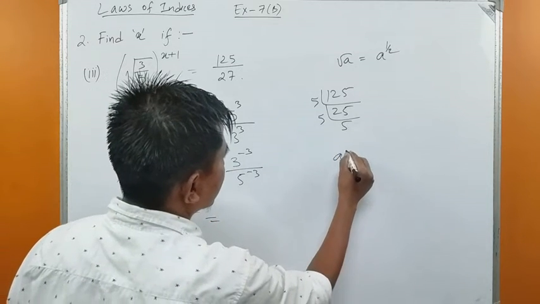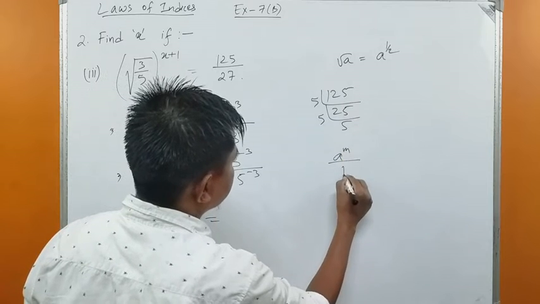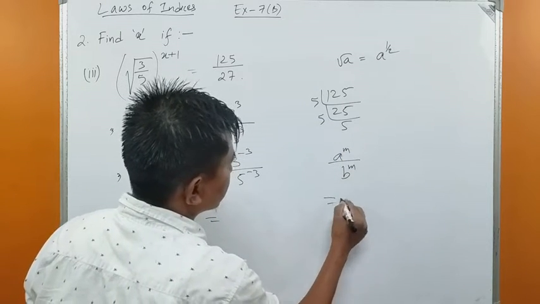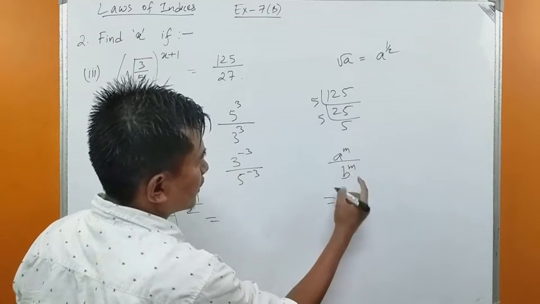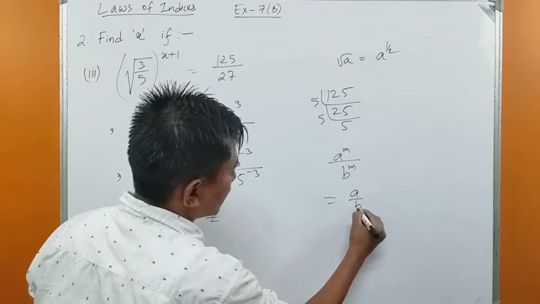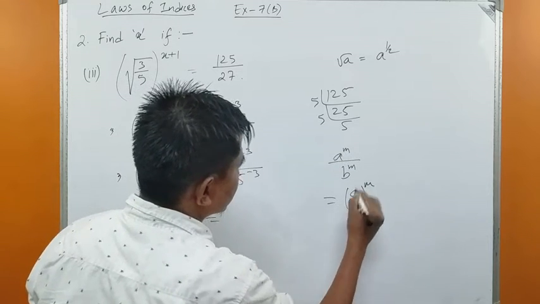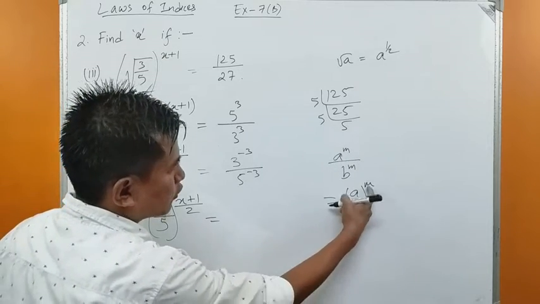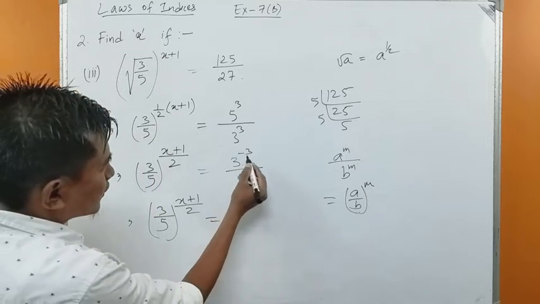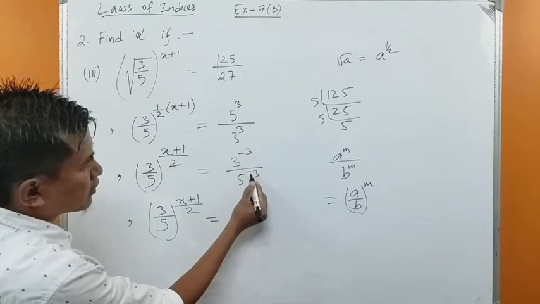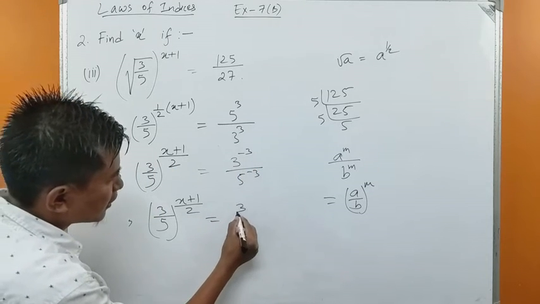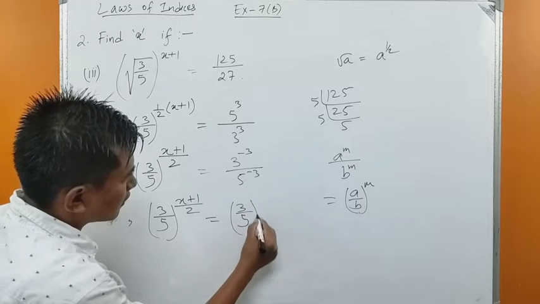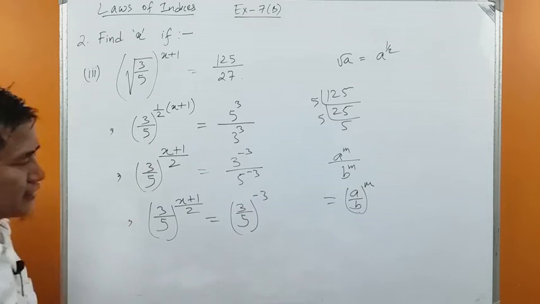See, a to the power m upon b to the power m. If the powers are same, you can write a upon b whole to the power m, isn't it? Similarly, the powers are minus 3 and minus 3, both the numbers have the same power, so you can write 3 upon 5 whole to the power minus 3, isn't it?